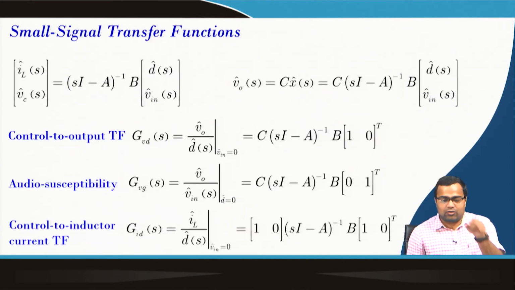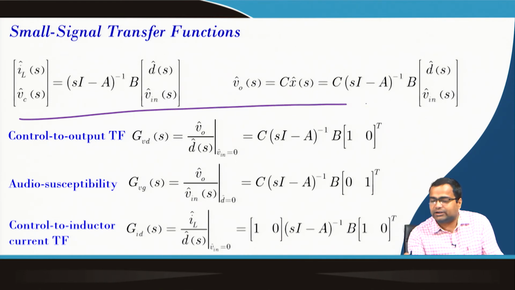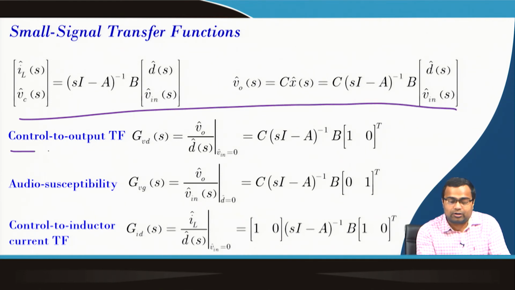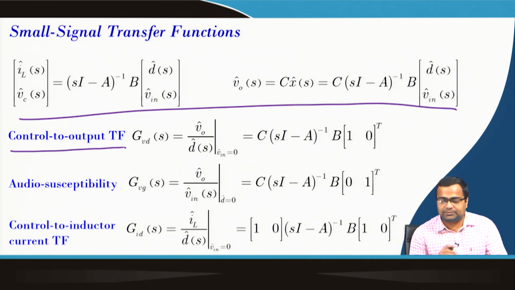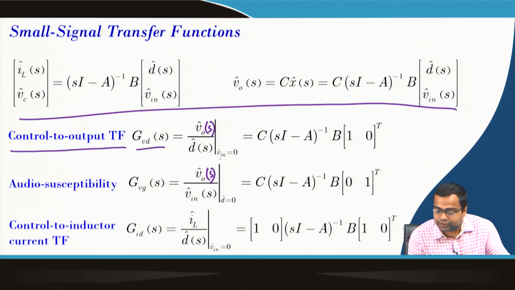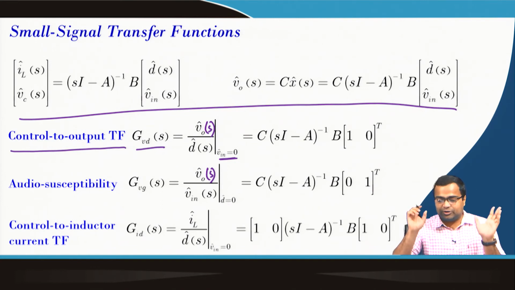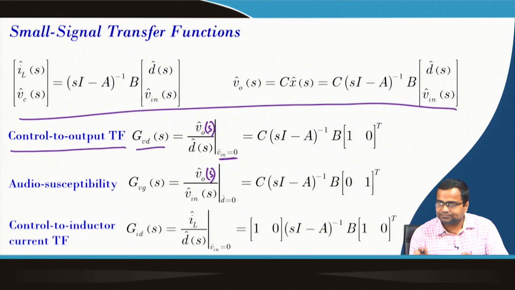How can we now obtain, using this model, the control to output transfer function, which is Gvd(s)? That means, it is V0 hat of s by d hat of s, which is obtained without considering any perturbation in the input voltage, because it is a control to output transfer function, where we keep the input voltage constant.